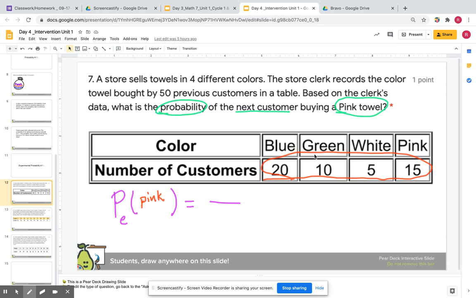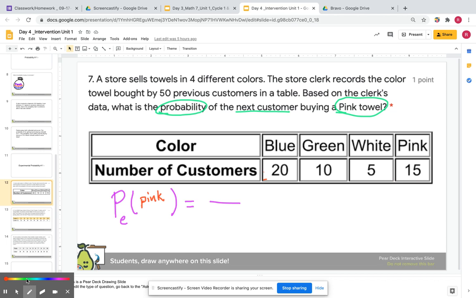How many customers bought green? How many bought white? How many bought pink? So out of the 50 customers, we know how many bought blue, green, and white. We're going to use the data because the question even tells you right there.